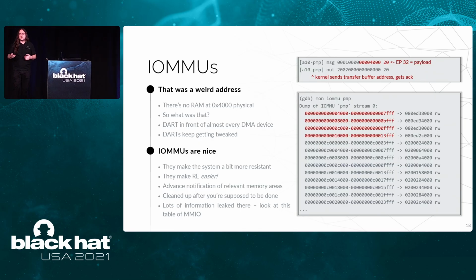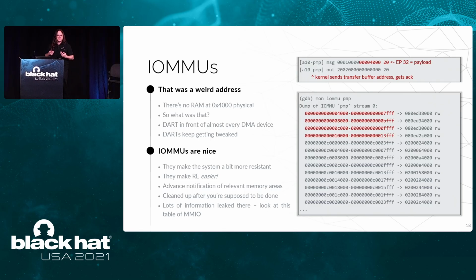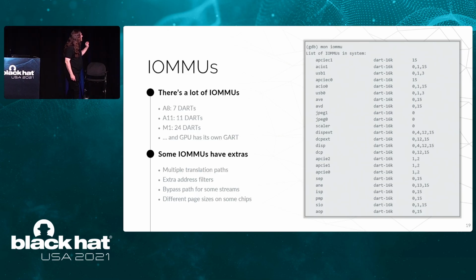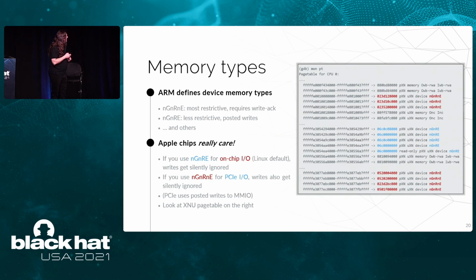There's some high MMIO that is used for PCI Express. But this is basically free information that you didn't have to work very hard for. And to me, this is really key to being efficient at reverse engineering hardware. So as I said, Apple has gotten the IOMMU religion. They have 24 of them now, and the GPU has its own. And the NVMe has a little special one that I'll be talking about in the next slide.